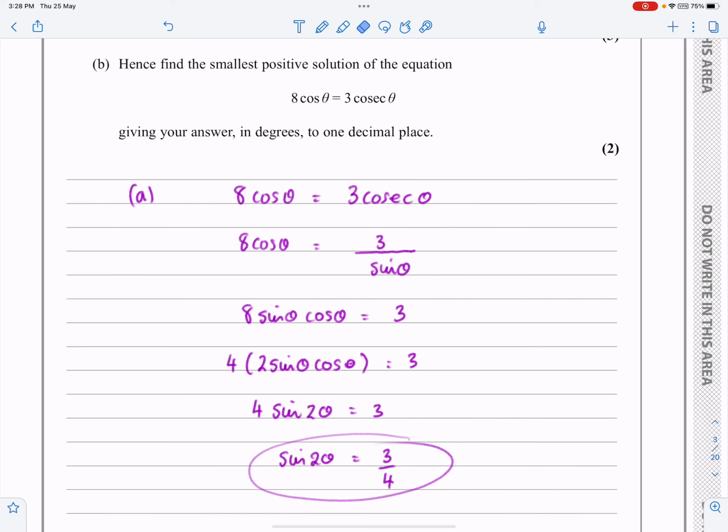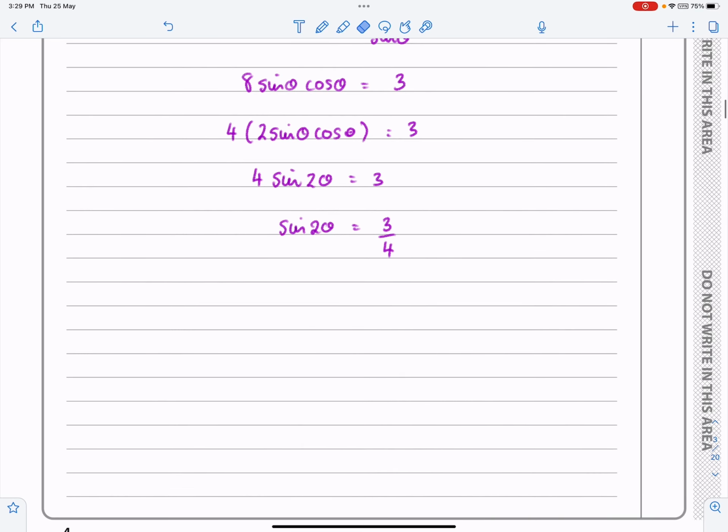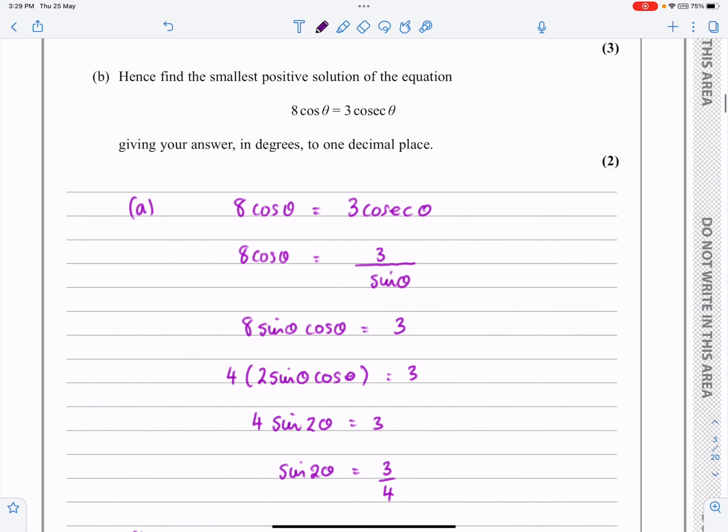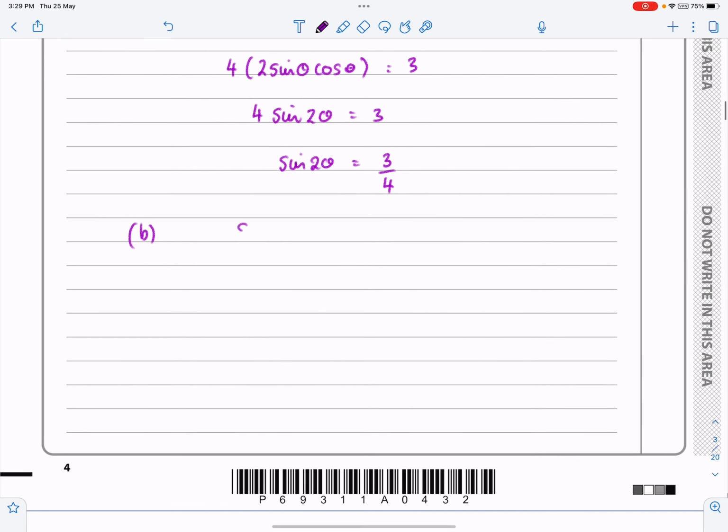So actually, for part B here now, when I'm trying to solve 8 cos theta equals 3 cosec theta, we can straight away say that's the same as sine 2 theta equals 3/4. Yes, they like using part A to solve part B here, so we're just solving this. Okay, that's really, really straightforward.